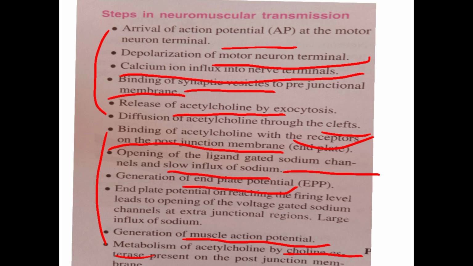First you have to write the definition. Then you have to draw the diagram, which is given in the textbook. Then the mode of transmission, all the steps you have to write. So that completes the neuromuscular junction.